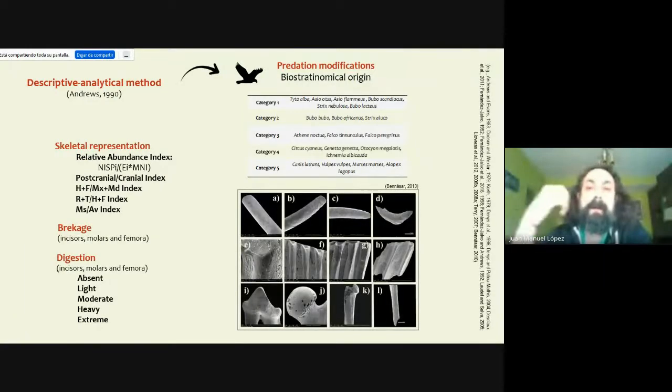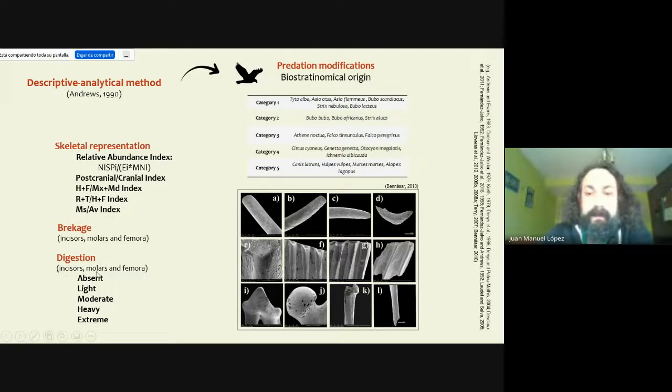And taking into account the predator, there are different categories. So, for example, I'm going to speak mainly of digestion, that there are different types of digestion and categories of predator in relation to the bones digested that you can find.